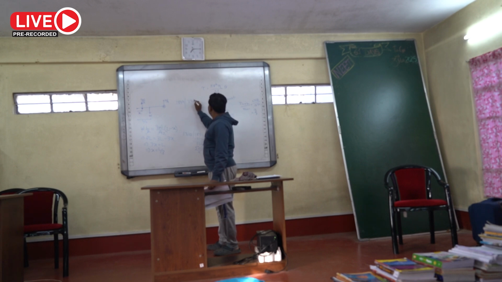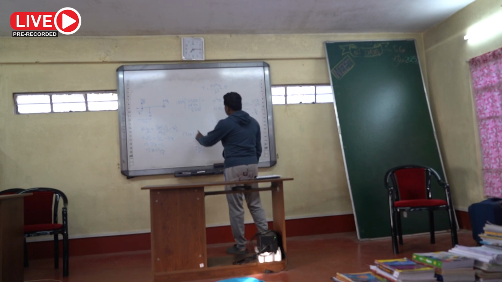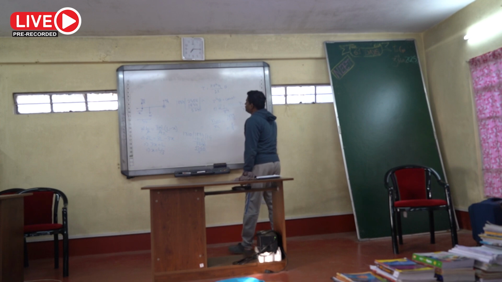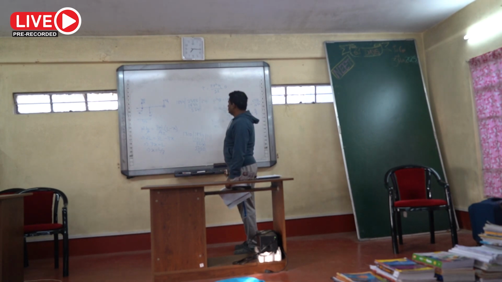Calculate 2358 by 1834. This term is coming 4, this term is coming 2, this one is coming 5. 5240, then if I multiply with 4... 4 is not possible, 3. 5 4s are 20, 5 3s are 15.